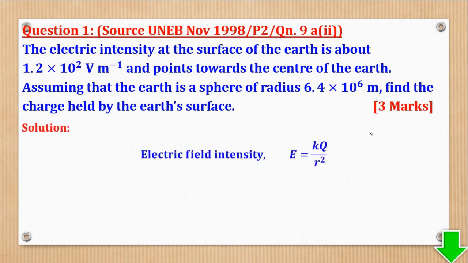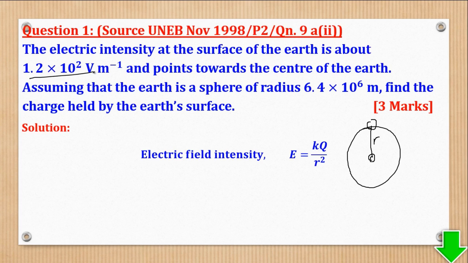So the earth is a sphere, so this will be like this, and there will be a charge on the surface of the earth which points towards the center. So this will be the R, and here there will be the charge.